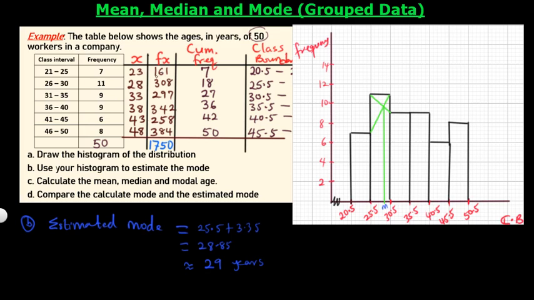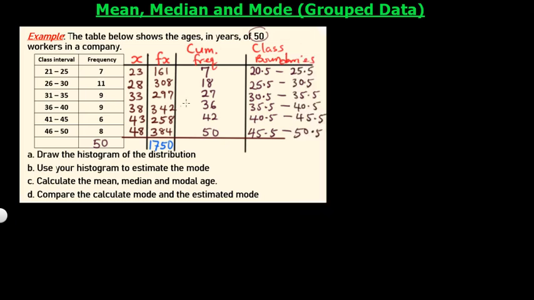It's interesting, right? So next we move on to calculating the mean, the median, and the mode. So here, dealing with the mean, that's number one.